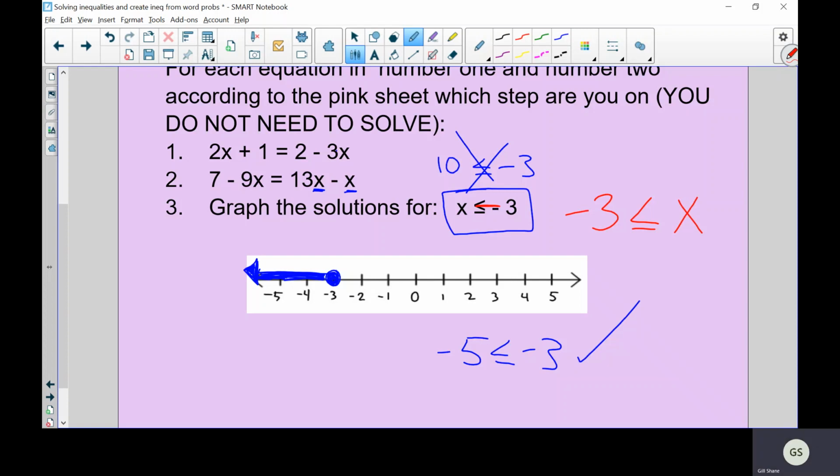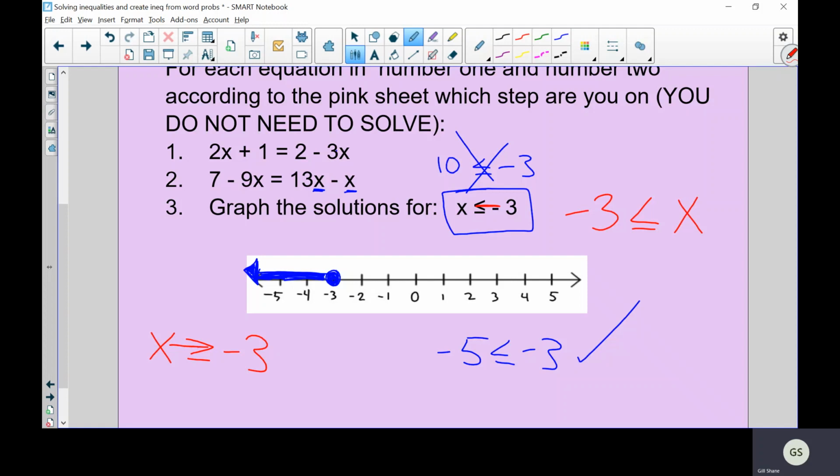This is technically read as x is greater than or equal to -3, so you would actually shade to the right. Now, if you flip this around and put the x on this side, if you know how to properly flip it around, then you could still use that trick and say, okay, the arrow is now pointing to the right.